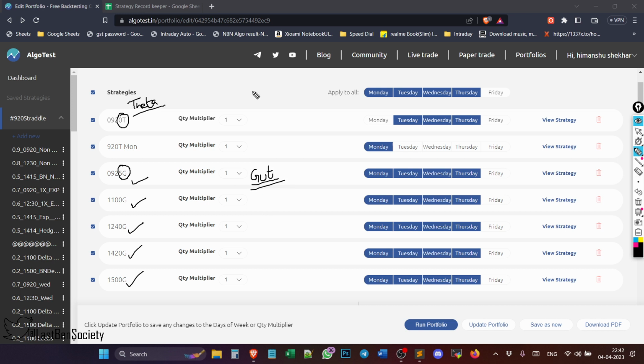What is a gut? Suppose the market is somewhere here, and the at the money strike is 40,000. For T, you will be selling a 40,000 call and a 40,000 put.